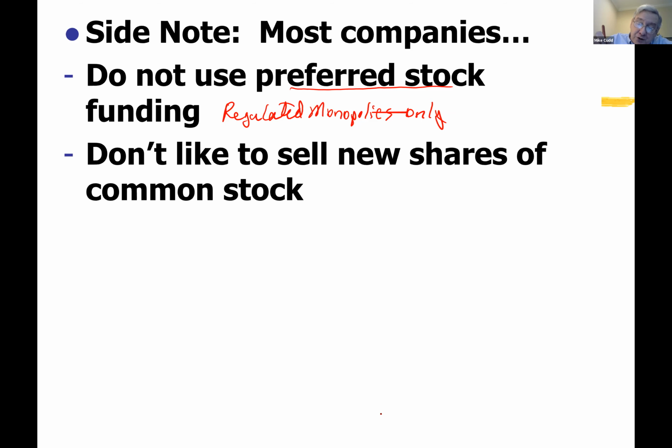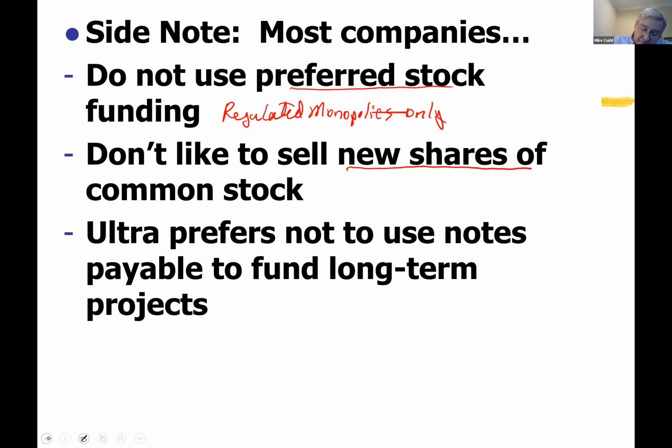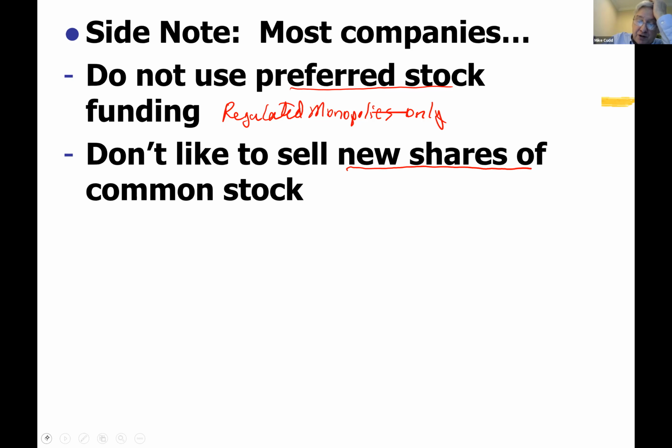And companies don't like to sell new shares of common stock. Actually, let me explain why. Why don't they like to sell new shares? Number one, new shares carry high flotation costs.